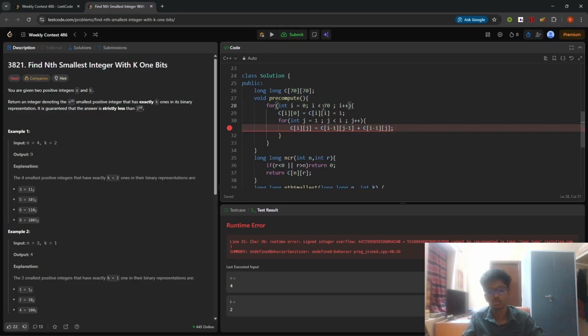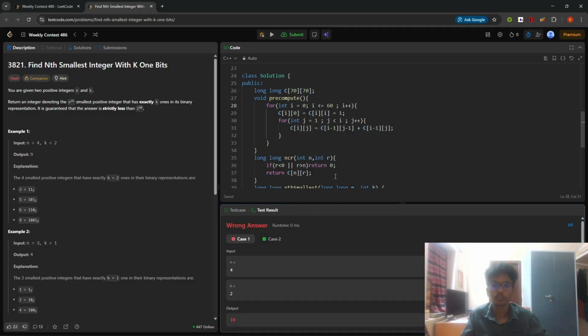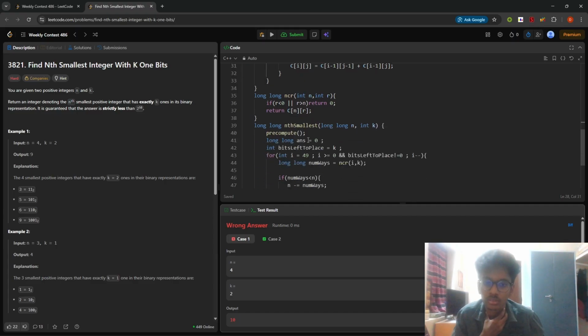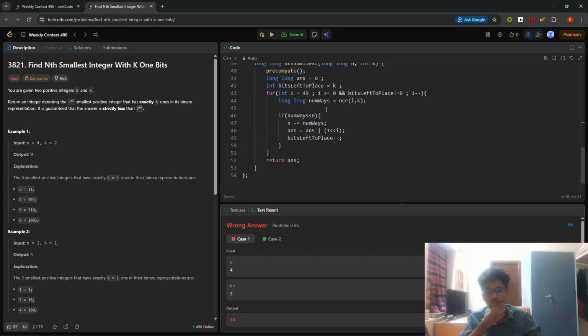Let's reduce this to some 60, that would be fine. So int I equal to 0, I less than or equal to 60, I plus plus, answer equal to 0, bits left equal to k, and the ith bit we are at should start from 49, number of bits greater than or equal to 0.